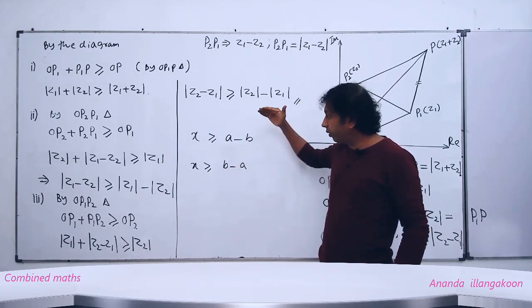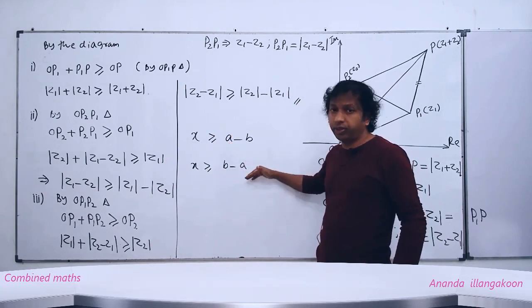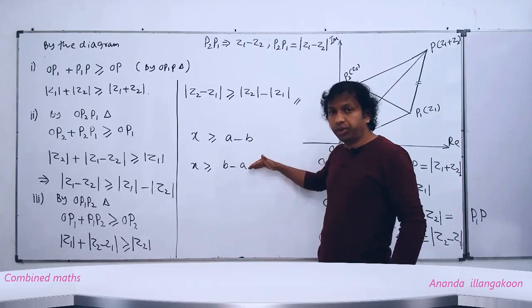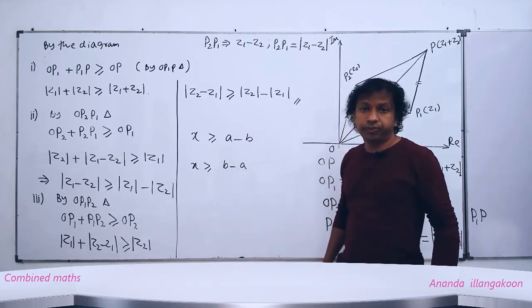That can be a minus b or b minus c. That biggest value, people, without knowing the exact values of a and b, we can't determine. But that biggest value can easily be found by taking any of these two and taking the modulus.